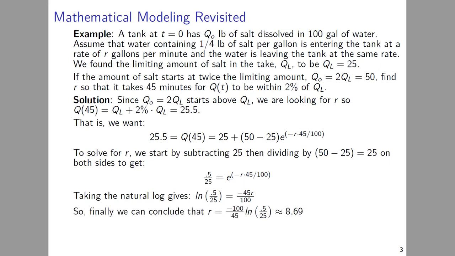And finally, multiplying by 100 over negative 45, we can conclude that r is equal to negative 100 over 45 times the natural log of 0.5 over 25, which comes to roughly 8.69. So we need the rate to be roughly 8.69 gallons per minute in order for the tank to be within 2% of the limiting amount within 45 minutes.